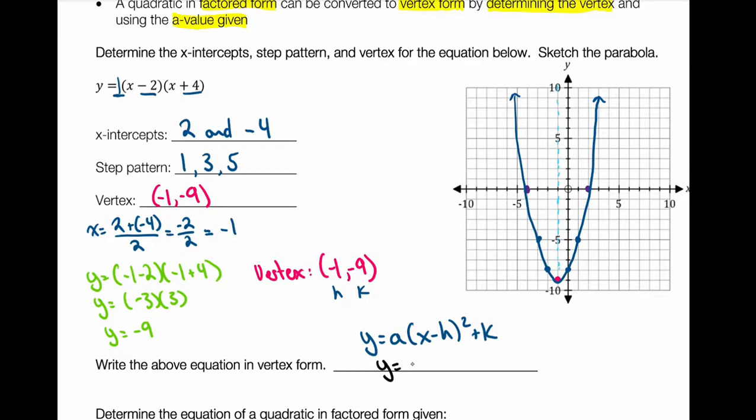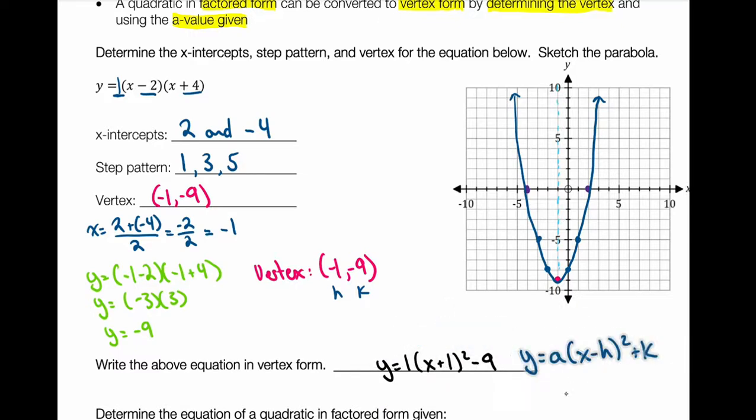So y equals a is 1 times x minus -1, so x plus 1 squared minus 9. So that is my vertex form equation. Let me move it off to the side. So again, if we're given factored form, we can figure out our vertex form equation by easily figuring out our vertex.